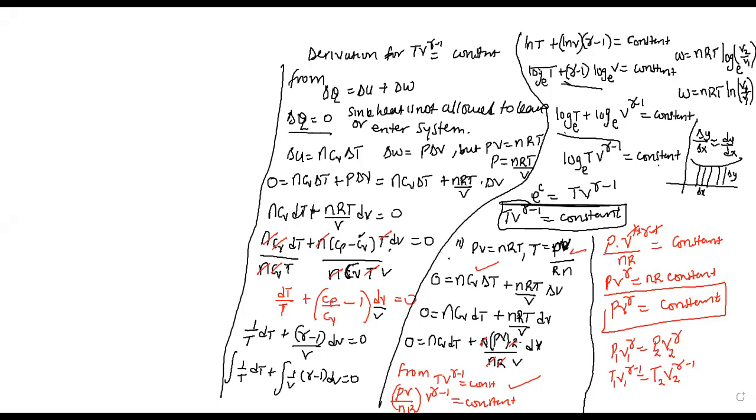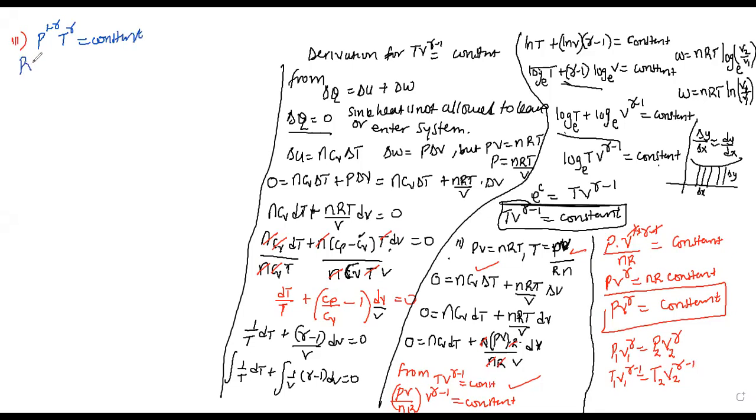So the third one says P^(1 minus gamma) T^gamma is a constant.